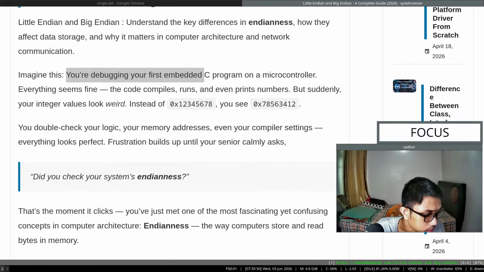So is big endian and, what is it called, little endian only in terms of byte, or maybe memory address? Is that it?